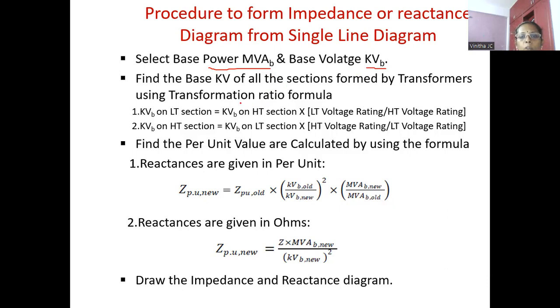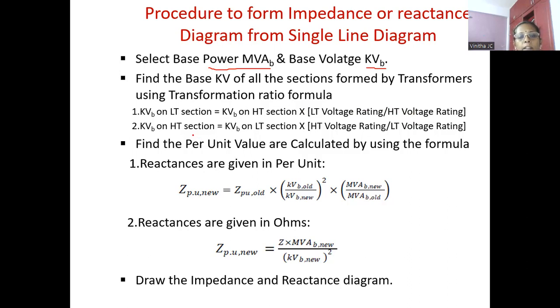So in order to find the new KVB, we have two formulas. If it is KVB on the low tension side of the transformer, then the formula to calculate KVB for that particular section is equal to KVB on HT side of transformer into LT voltage rating divided by HT voltage rating.